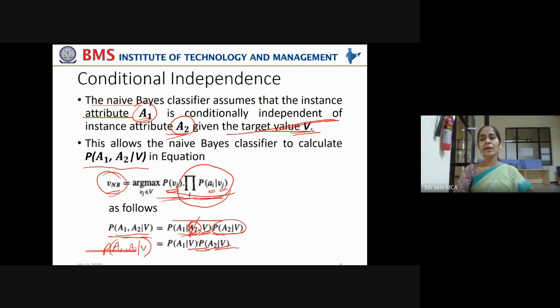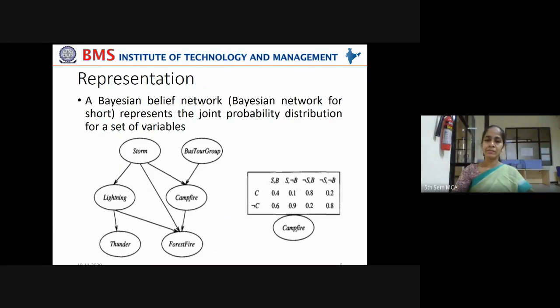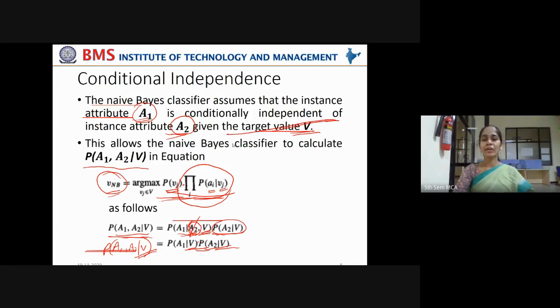Probability of A1 multiplied by probability of A2. But here we have a conditional probability given V. That is why we have attached given V here. Did you understand this? Very simple, right? You have just reduced the representation to a simpler form.